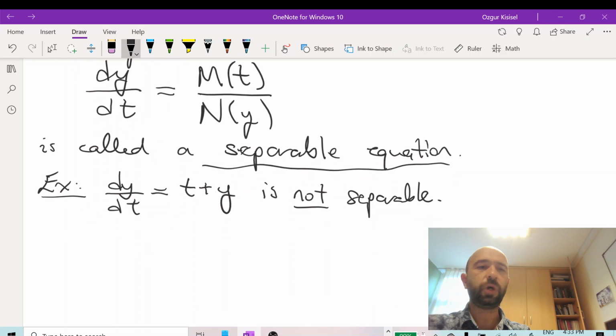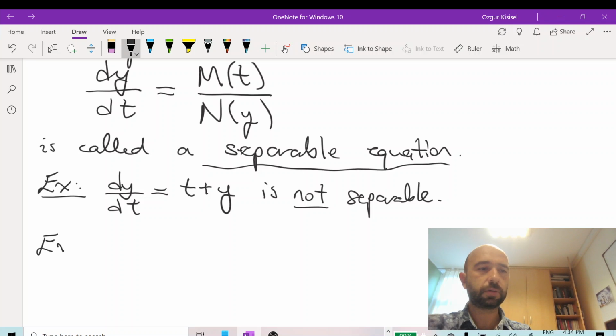I mean, there's a t and y, but they are not separated multiplicatively. There's an addition between them, and you can convince yourself that there's no way to rewrite this equation as m(t) over n(y), however complicated you choose m and n.